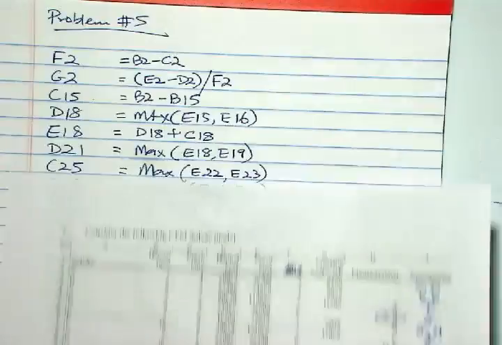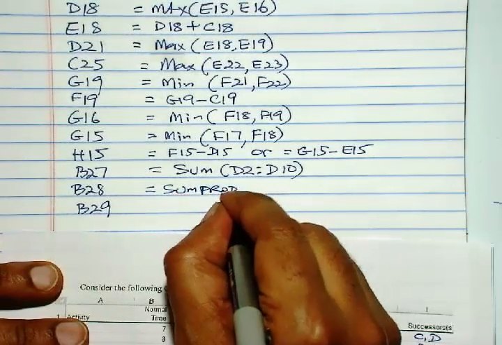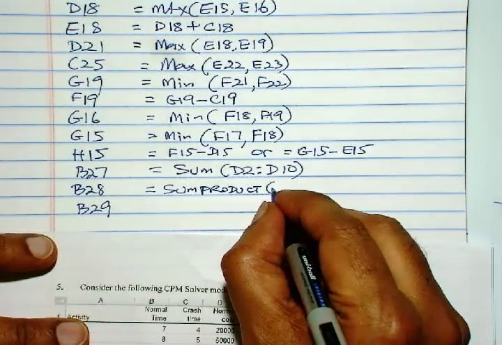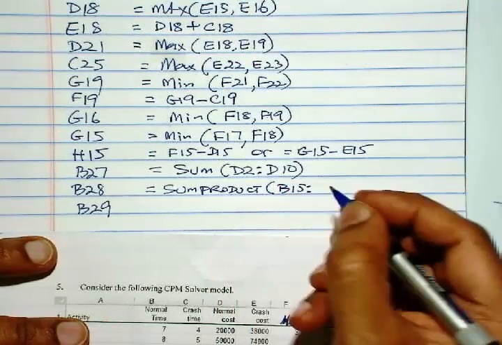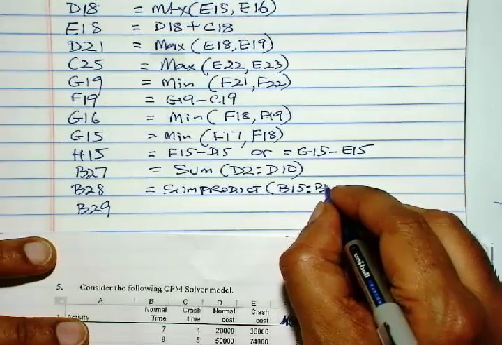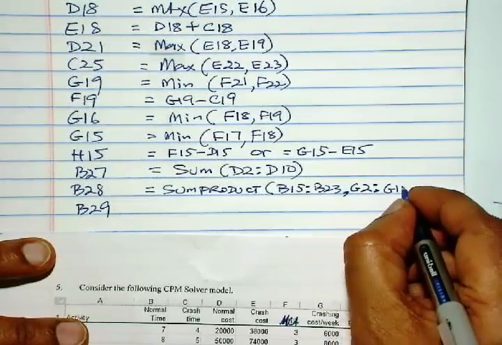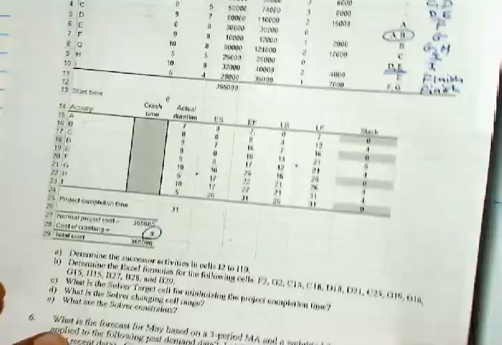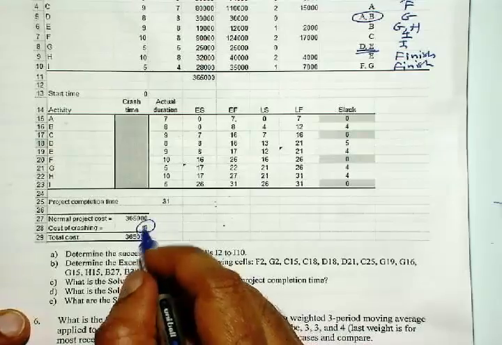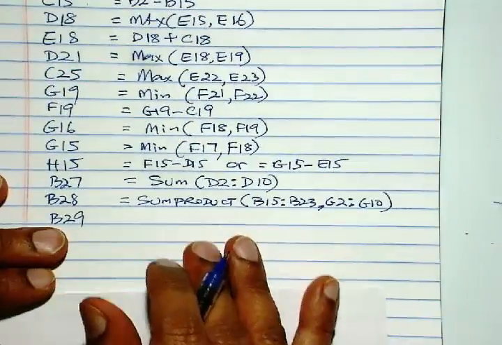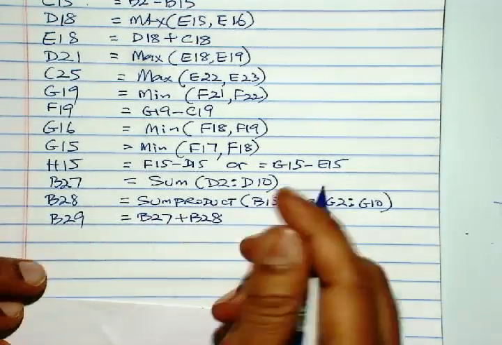So this will be equal to sum product of B15 through B23, comma, G2 through G10. And finally, B29 is the total cost, which is the sum of these two, B27 plus B28. So this is equal to B27 plus B28.